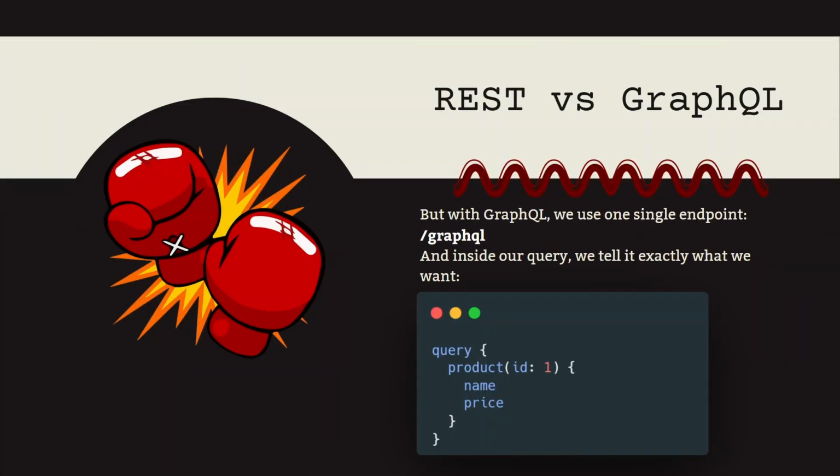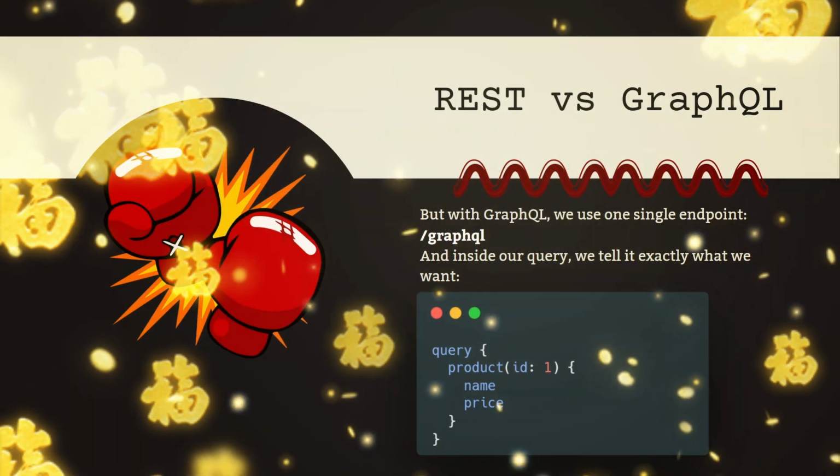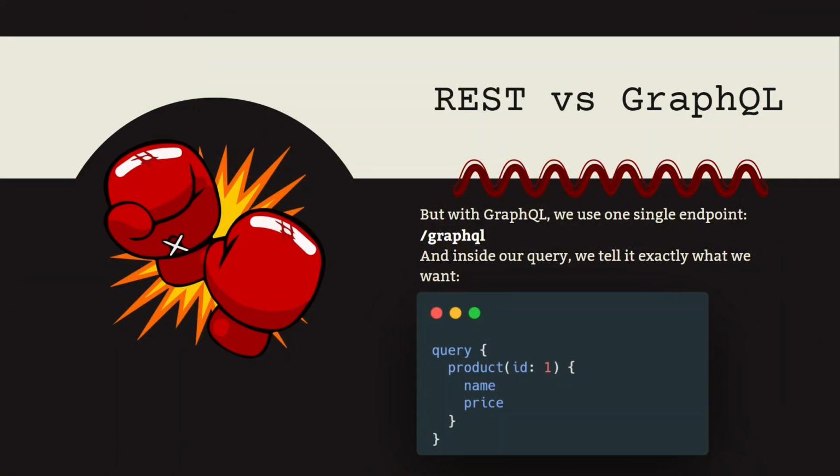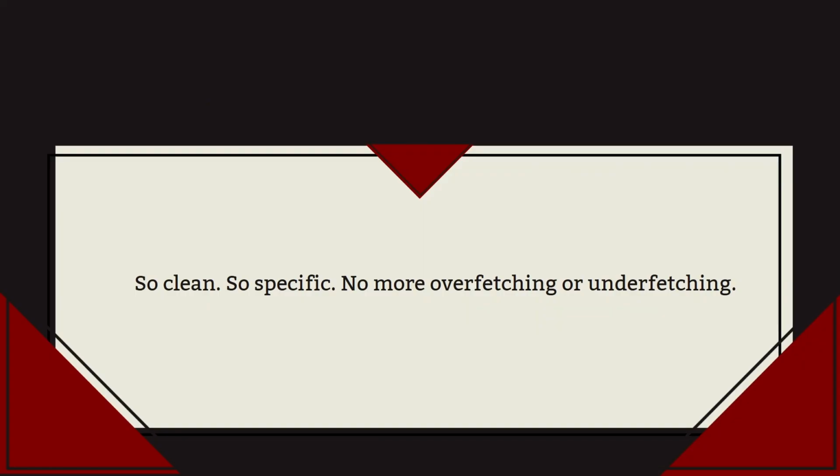But with GraphQL, we only use one endpoint, which is /graphql, and we send a query. Inside that query, we tell it exactly what we want. For example, I want the product with ID 1, and I only want the name and the price of my product. Now, this is so clean and so specific, so no more overfetching or underfetching as well.